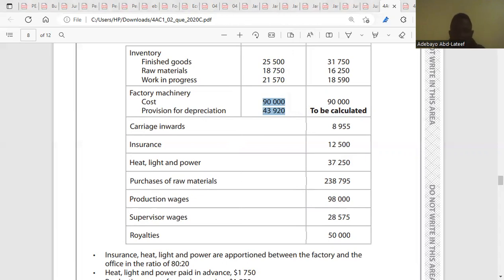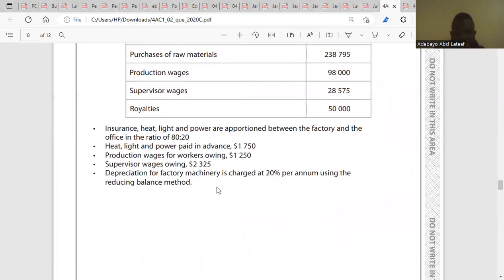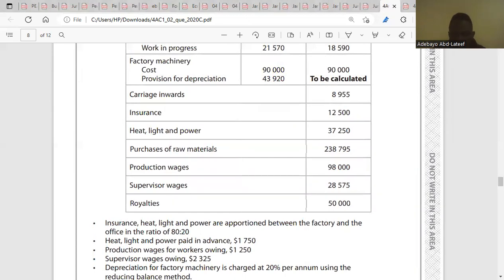46,080. And we're told that the factory machinery is charged at 20% per annum using the reducing balance method. For the reducing balance method, what we do is 46,080 multiplied by 20 over 100.